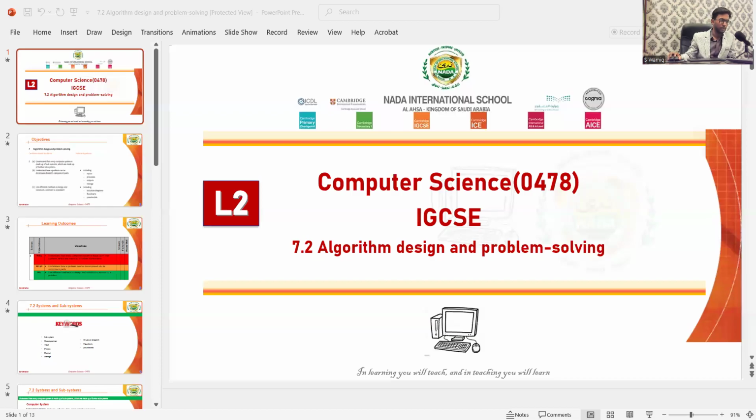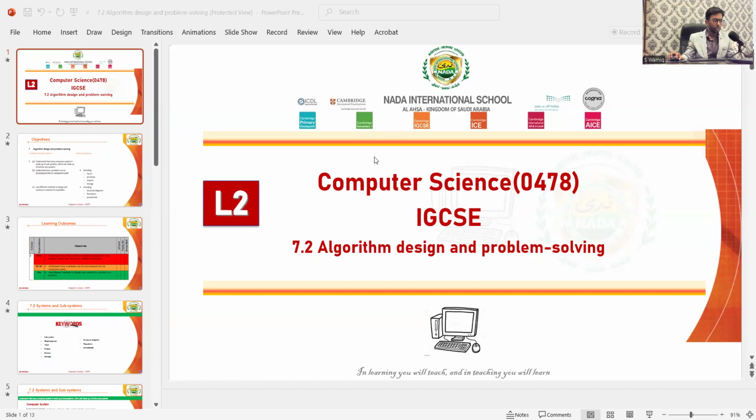That has analysis, design, decomposition, coding, and testing. So I'll be giving you a short review of the things that we have already covered since the last class, and then we will be moving on to the second learning objective that we have right here. I hope that my screen is visible to you.